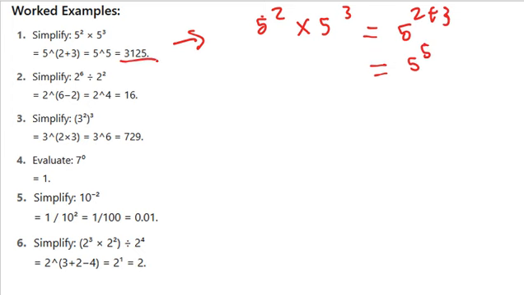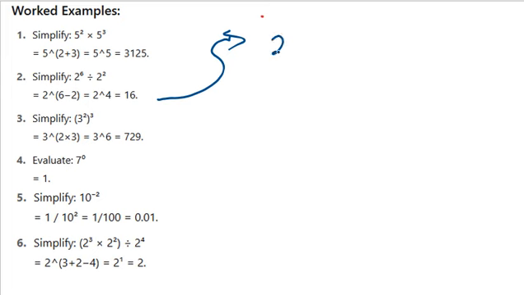Okay, let's look at another case. Here we have 2 to the power of 6 divided by 2 to the power of 2. We know that you can write this again like this, right?